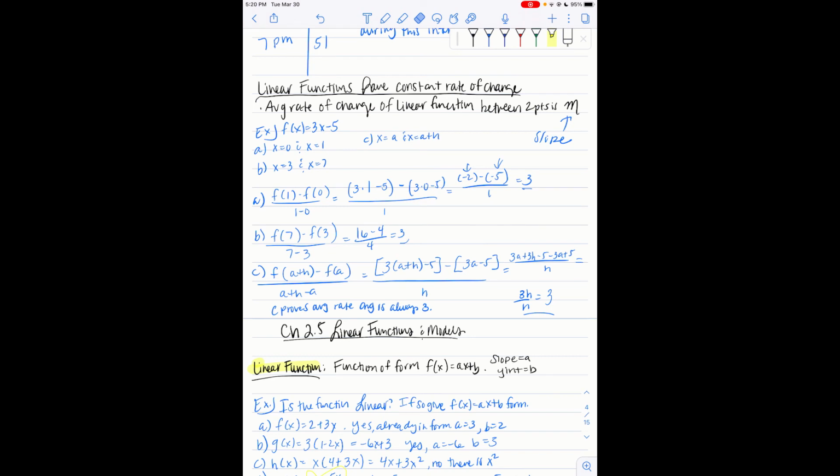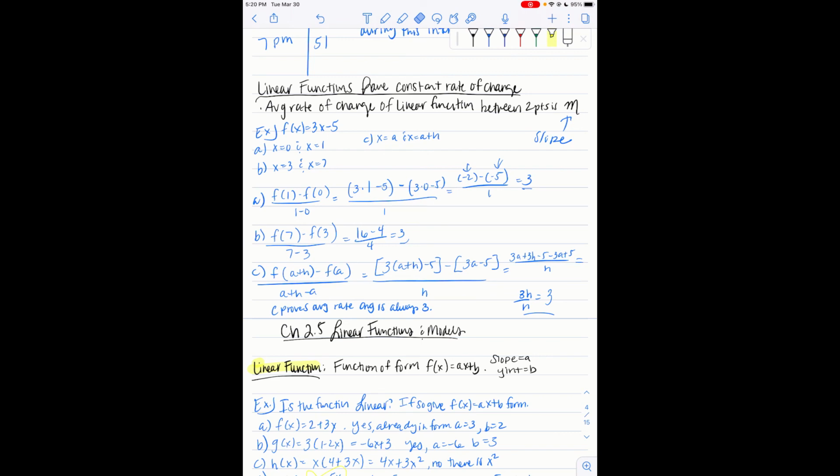And our slope is constant. We have the same slope for our function. The slope doesn't change. For example, we know for this function our slope is 3, and the slope of that line is always going to be 3.